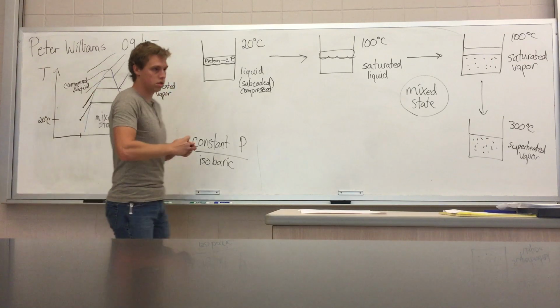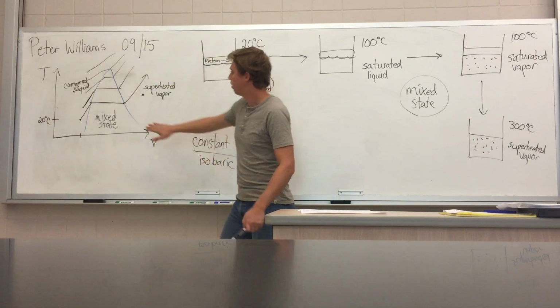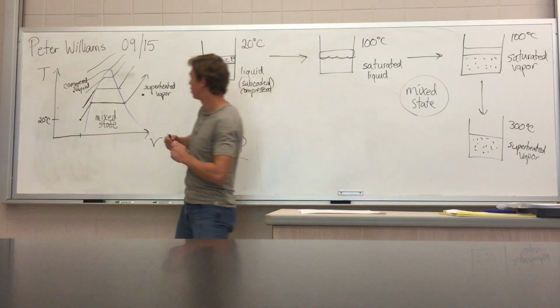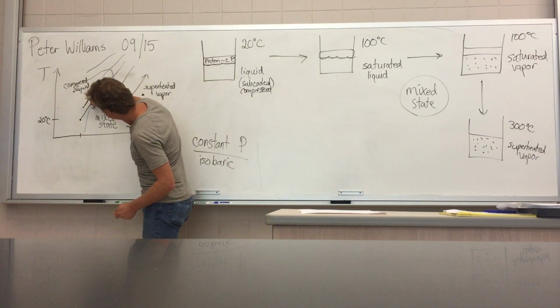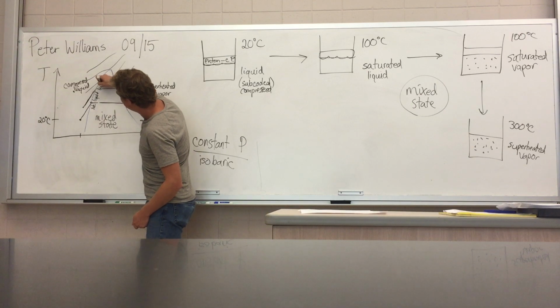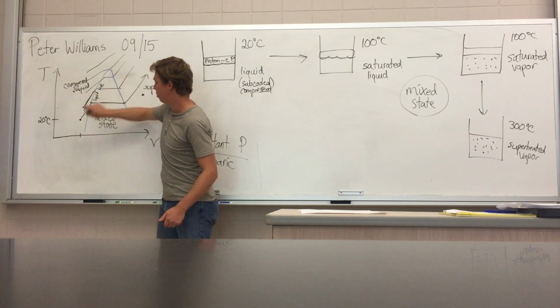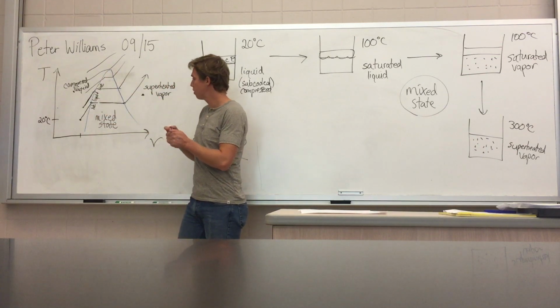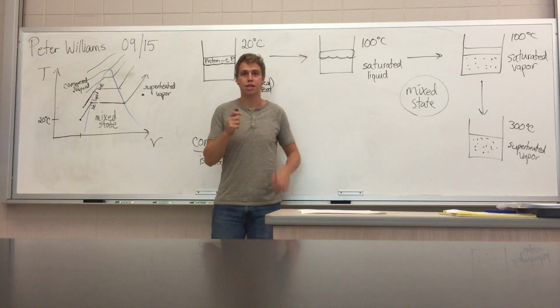And so we have these borders here. Along one border, we have the saturated liquid line. This means that all of the points that we could plot that fall along this line correspond to liquids that are saturated.